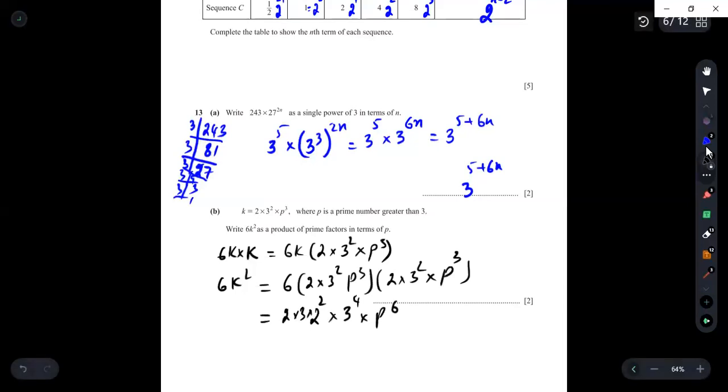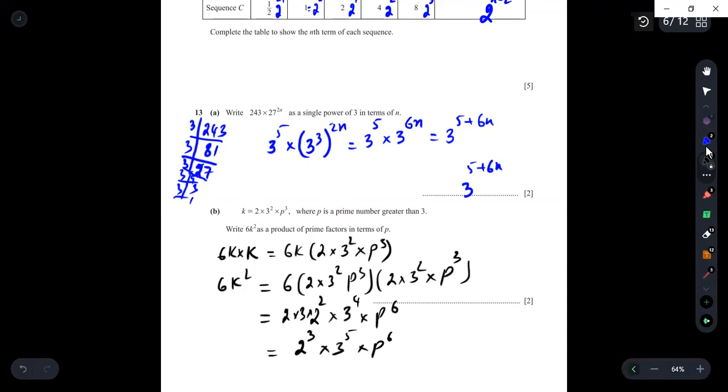So we can split 6 as 2 times 3, and the rest of the thing we have simplified. So another 2 has come here, so the power of 2 will increase by 1, and the power of 3 will also increase by 1. So it will become 2 raised to the power 2 plus 1, which is 3, and 3 raised to the power 4 plus 1, which is 5, times p raised to the power 6.